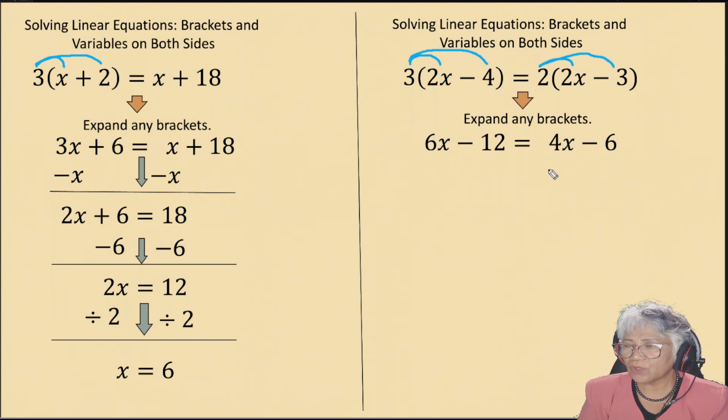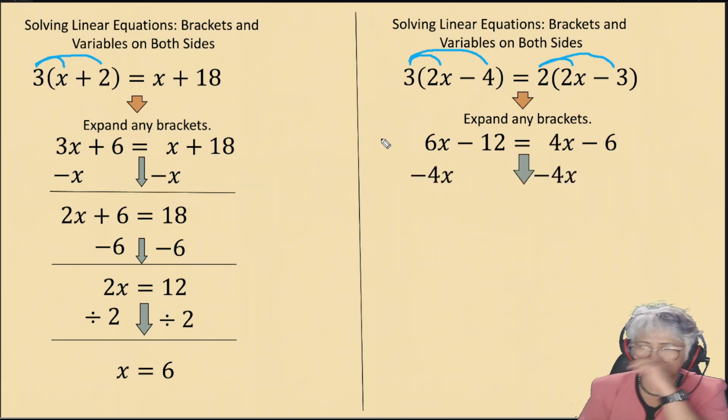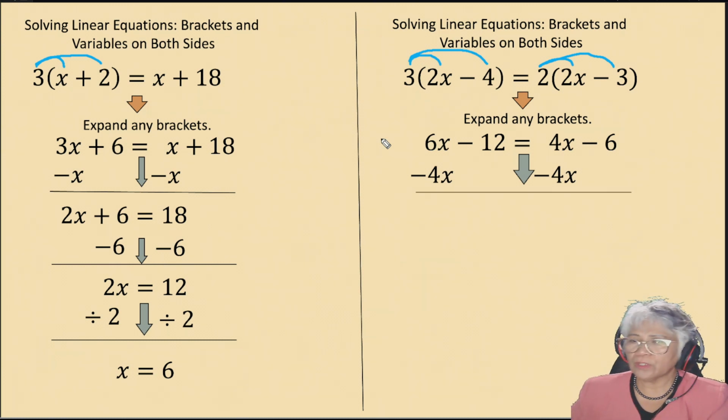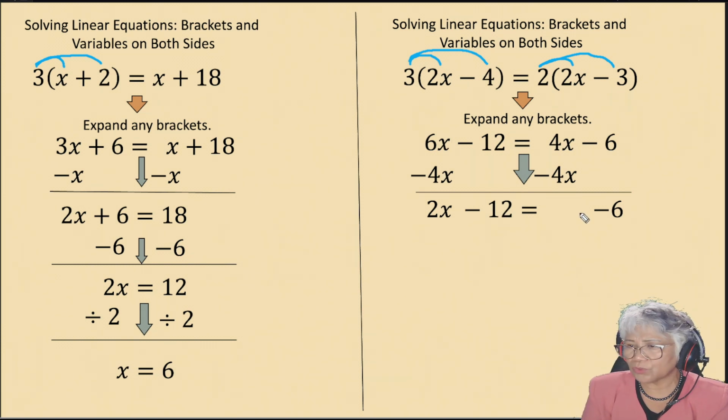So that's going to be a negative 4. So negative 4x and negative 4x. So you have that. And so this will give you 2x, this will remain, and that one would be 0, and that will remain. So the result would be 2x negative 12 is equal to 6.